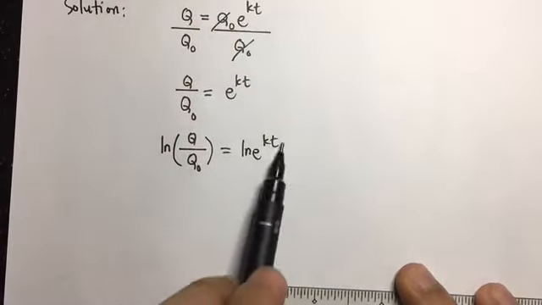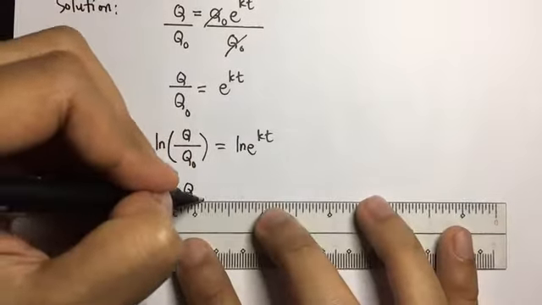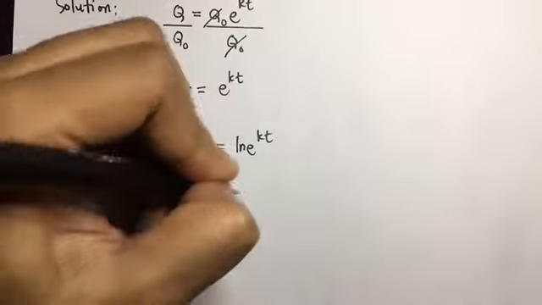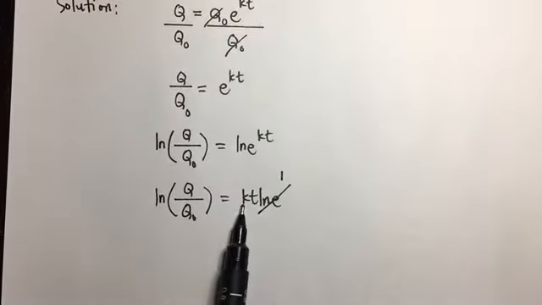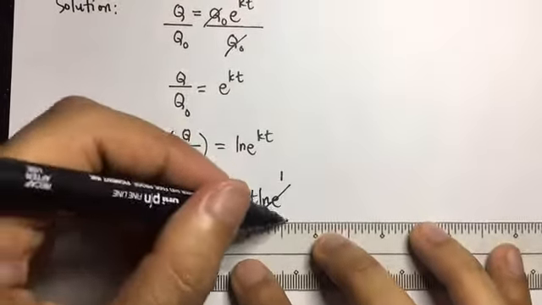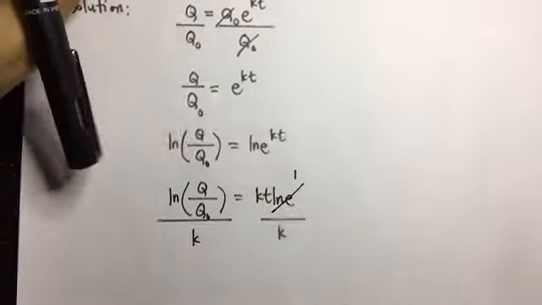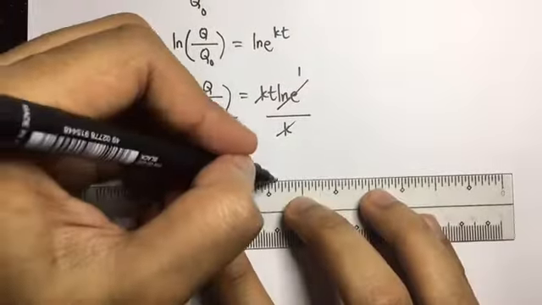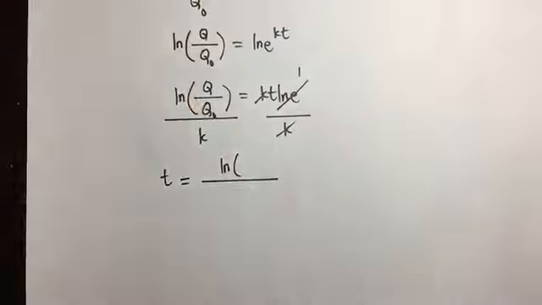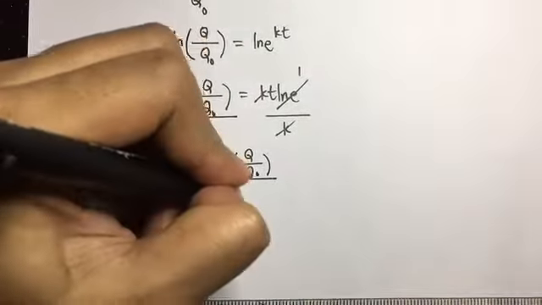Using the laws of logarithm, we can transfer this as the coefficient: ln of Q over Q0 is equal to kt ln of e. But we know that ln of e is equal to 1. Then, solving for t, we divide both sides by k. Therefore, t is equal to ln of Q over Q0, over k.